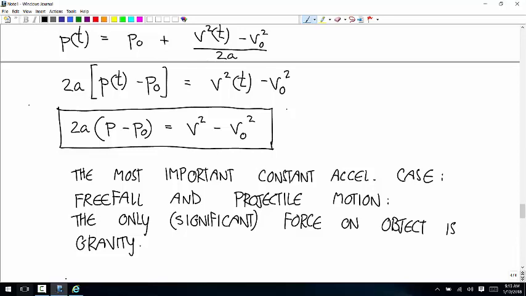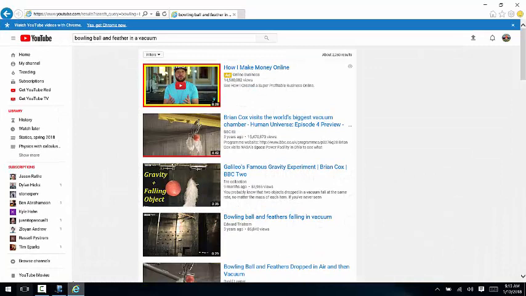But in this video, they take a bowling ball and a feather and pump all the air out of the room. It's a gigantic vacuum chamber, and you can actually see the feather and the bowling ball fall exactly the same if there's no air resistance. Really cool.